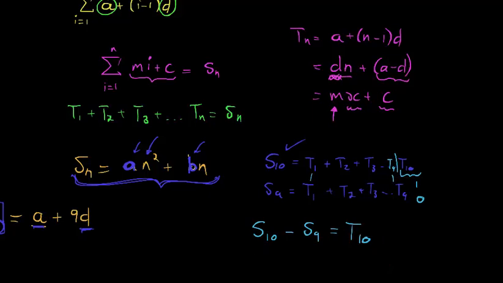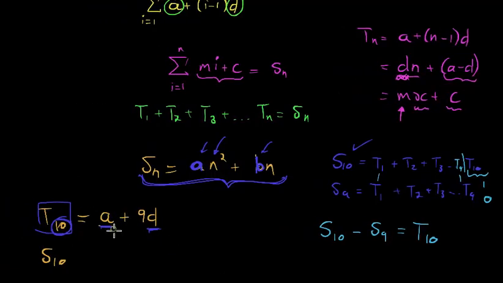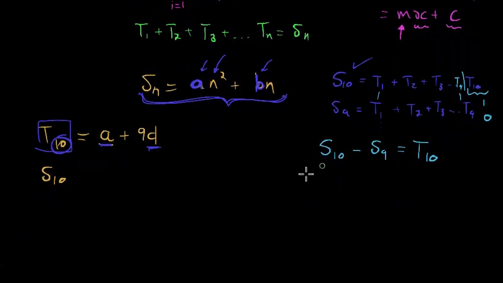Now, let's look at another way. How could I have used this formula? Well, it's still easy, because what is S1? T1, which is A. So I've got A. All I do is put an n in here. I put 1 in there and I get term 1.